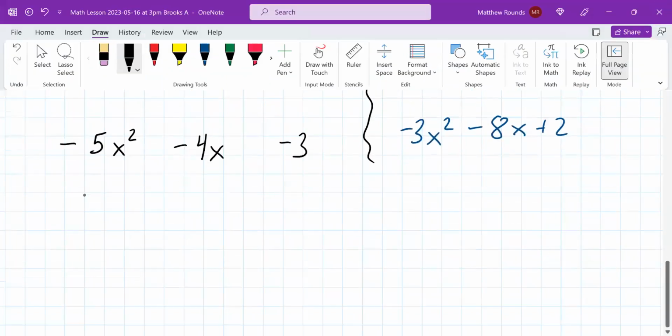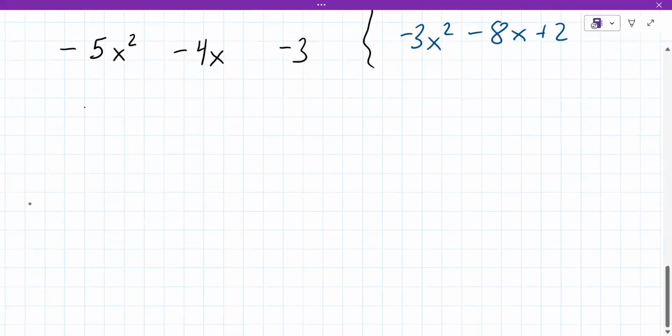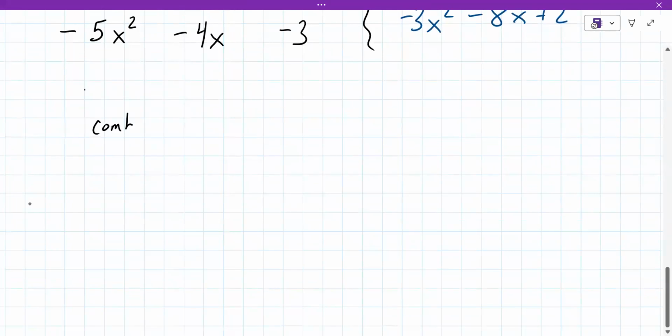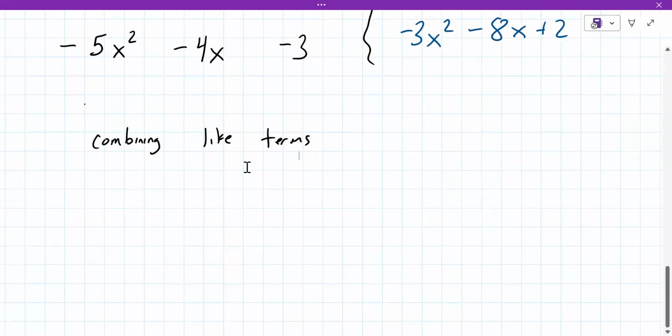So this moves into what's called combining like terms. Okay. Hopefully you heard something about that in class, or that doesn't sound totally unfamiliar to you. Yeah.